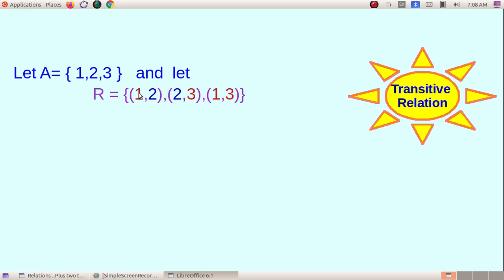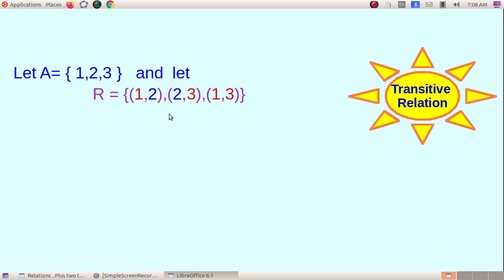I am A and my brother Shaiju is B. Then again Shaiju is B, and Anwar is C. My brother is Shaiju, Shaiju's brother is Anwar. Then you can say that my brother is Anwar. Therefore the relation brother is a transitive relation.